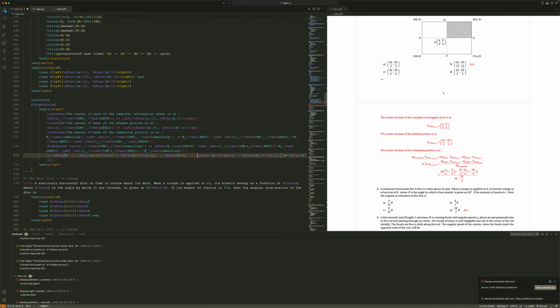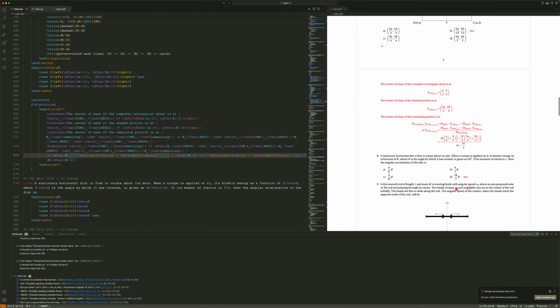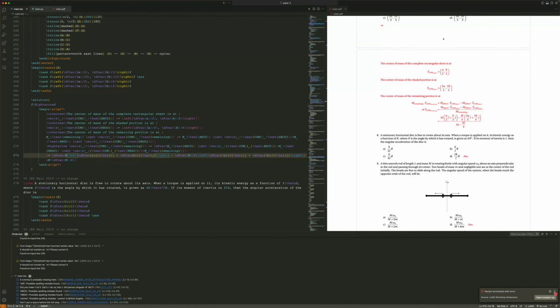So just fix this part, right, and we have to fix here as well, right. So yeah, as you can see, now it's okay, bracket-wise.